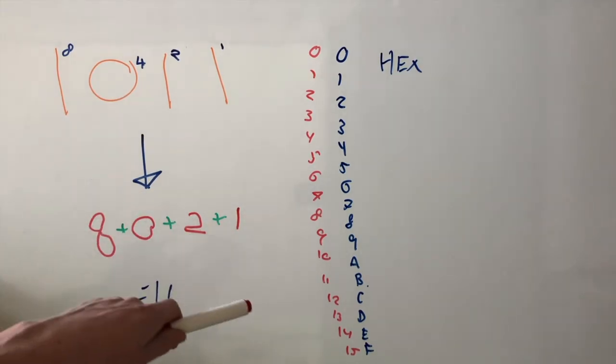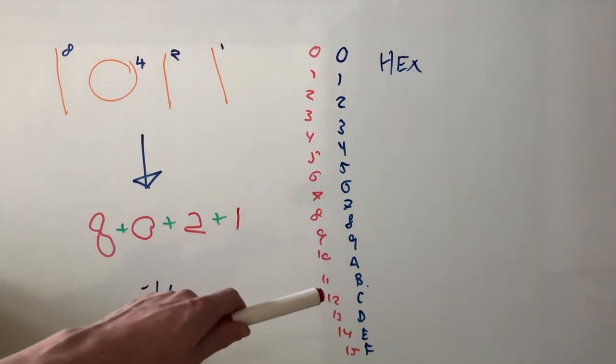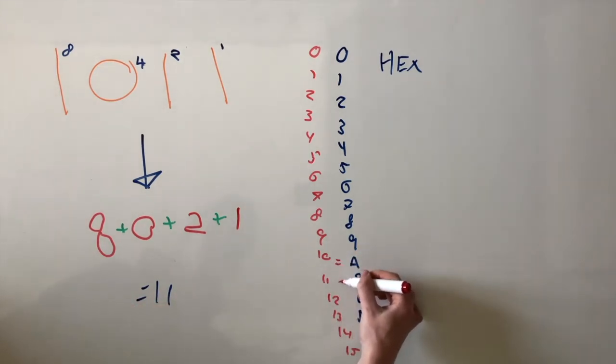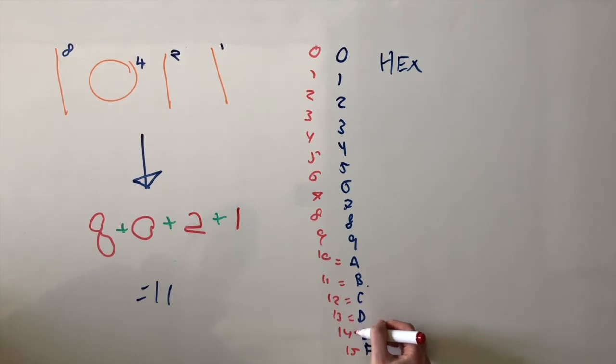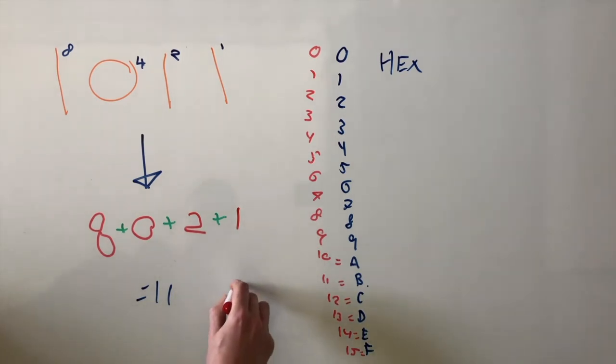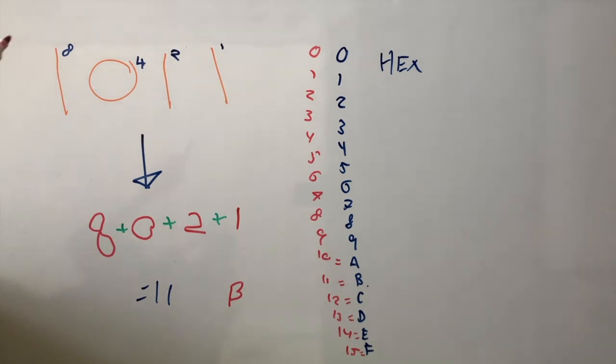Then 10 would be equal to the A, 11 B, 12 C. So if my 10 is equal to an A, what do you reckon my 11 would be? So my 11, which is over here, what do you reckon this would be? It'd be a B. So this number over by here is represented as a B.